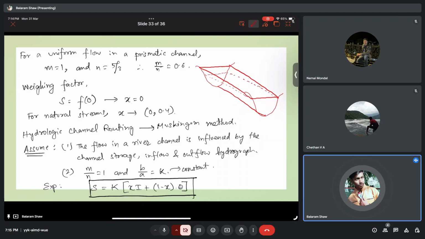The upper part above the outflow curve is the wedge storage. Comparing with this equation, the wedge storage will be k into x into (I minus O), that is kx into inflow minus outflow. The prism part is the prism storage, which will be equal to k into O.